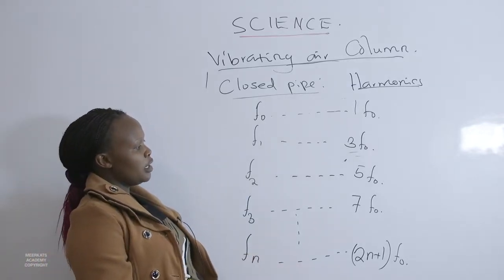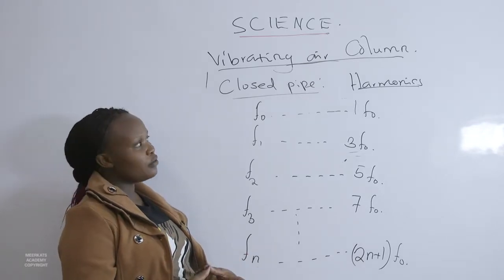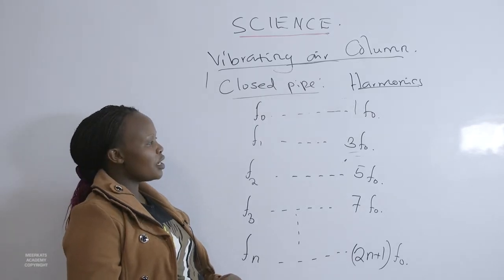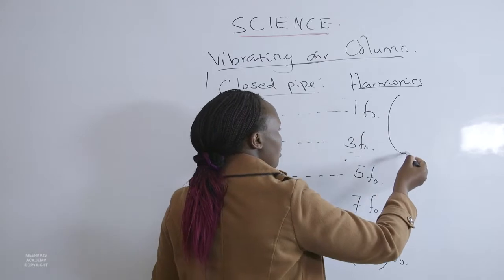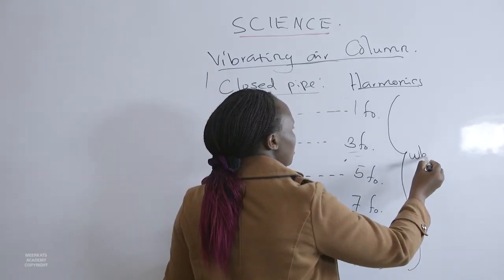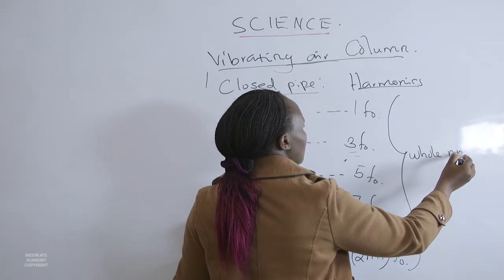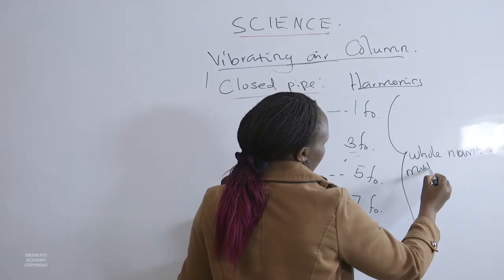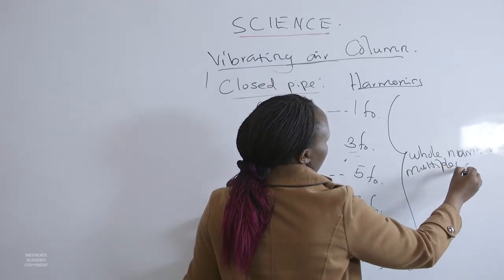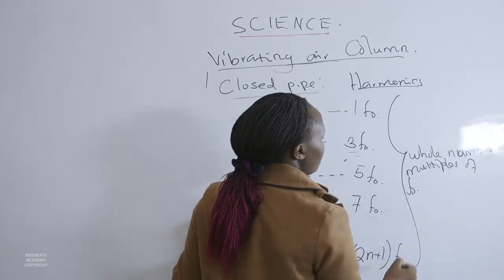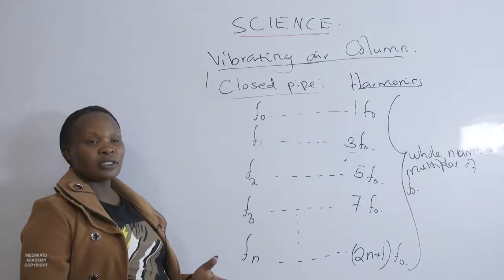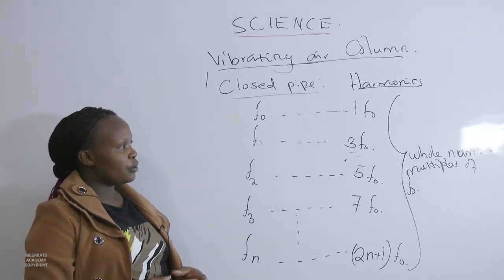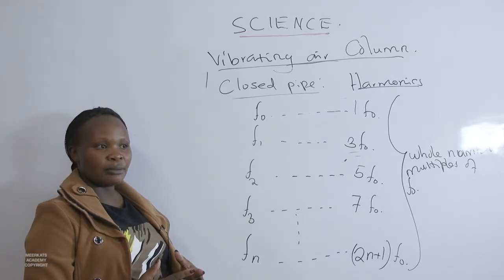Therefore, we can find that even when we are talking about the air column, the harmonics have frequencies which are whole number multiples of the fundamental frequency.